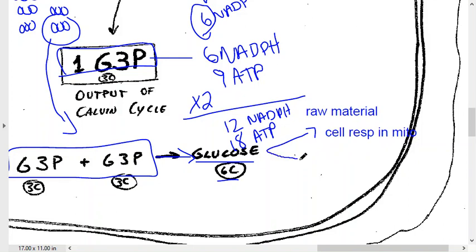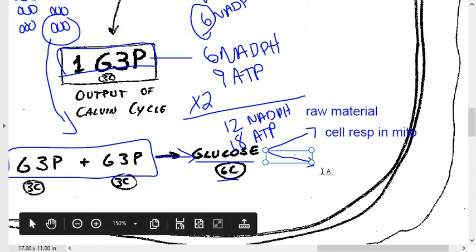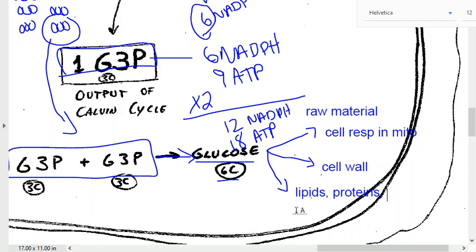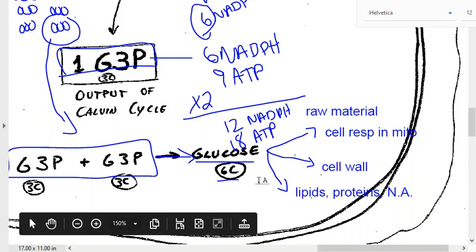It can be used to construct cell wall cellulose, right? It can be used to build all of the other structures the plant needs. It needs to build lipids, proteins, and nucleic acids. And the raw substrate for this is these glucose molecules, these carbon-rich, hydrogen-rich molecules.